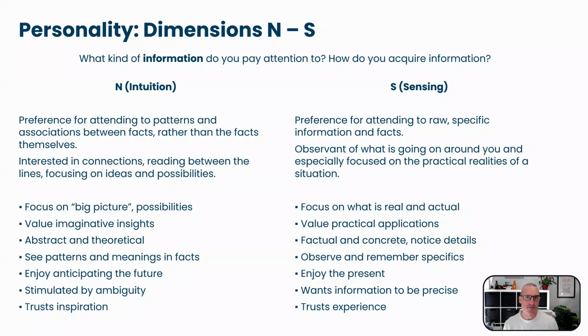So one's preference for attending to patterns and associations. So what's the association between facts rather than the facts themselves? Or, from an observer point of view, looking at what the practical realities are in the world around you and then enjoying the moment.